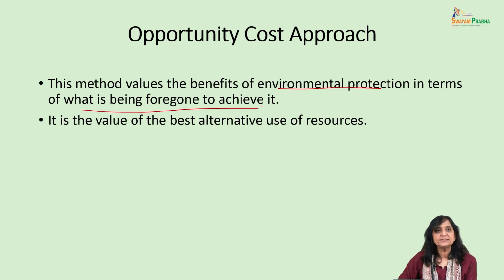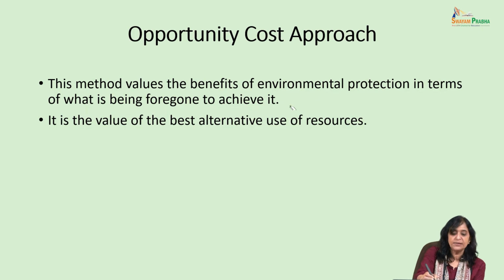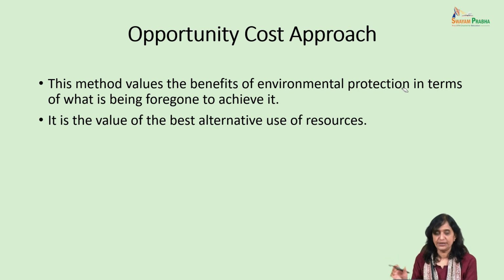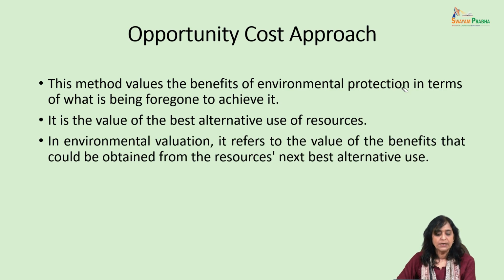Does it mean that it calculates the value of the best alternative use of that resource? If I had not been protecting this environment, then what would I have been doing? What was the value of that which I have not used right now? That is the alternative use of that resource. So, in environmental valuation, it refers to the value of the benefits that could be obtained from the resource's next best alternative.